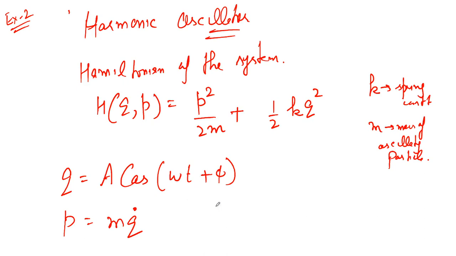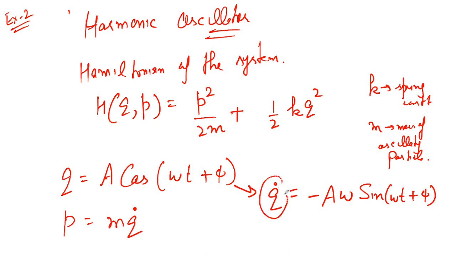So from this, when we take the derivative with respect to time, q dot, that is ∂q/∂t, becomes −aω sin(ωt + φ). Putting this value of q dot in this equation, we can write the momentum equation.